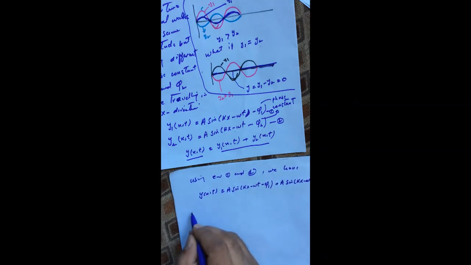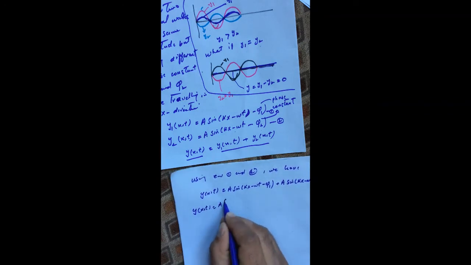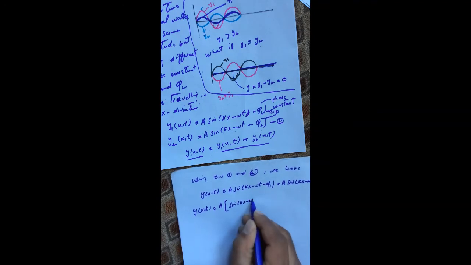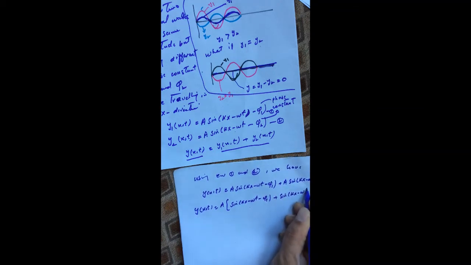Now the amplitude is the same, so we can take it out as a common factor: a into sine kx minus omega t minus phi1 plus sine kx minus omega t minus phi2.